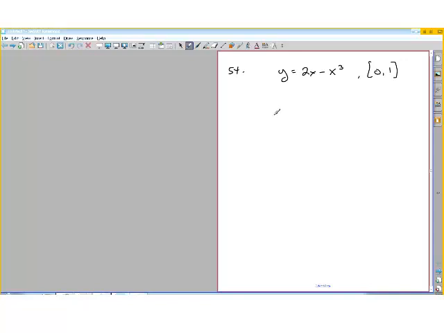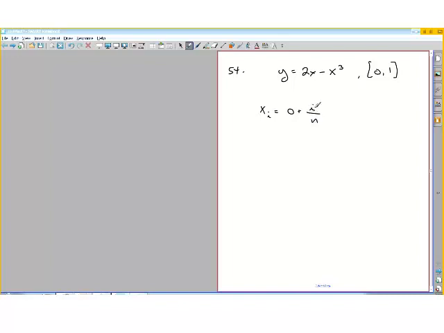So again, what we do is we would find out what x is. x is a function of some counting term, which is I. So x of I is equal to the left-hand limit, which is 0, plus I divided by n. So when I is equal to 1, we get 1 over n.